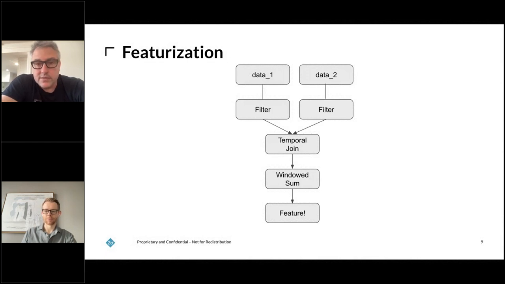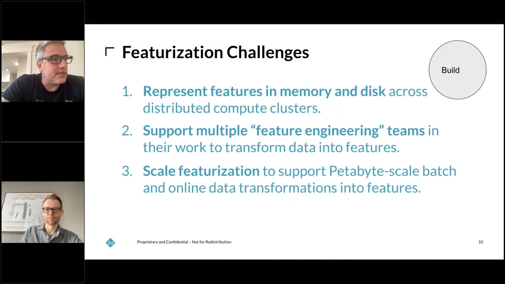You join those data sources together in time, do some aggregations or group by operations on them, and finally end up with a feature. This is the stuff of Arrow, Ibis, and now Substrait and Acero that we're making possible for our modelers to do across language boundaries and across distributed systems like Spark, Dask, and Ray. So next slide.